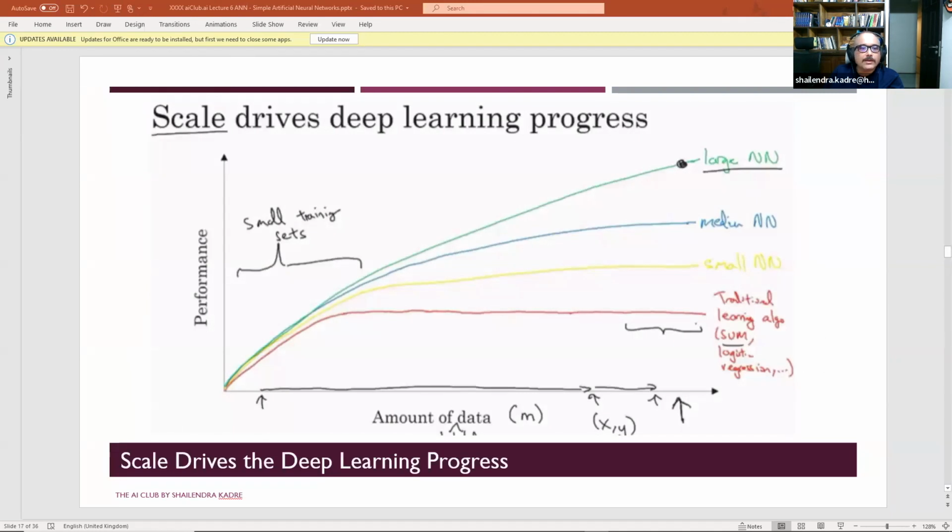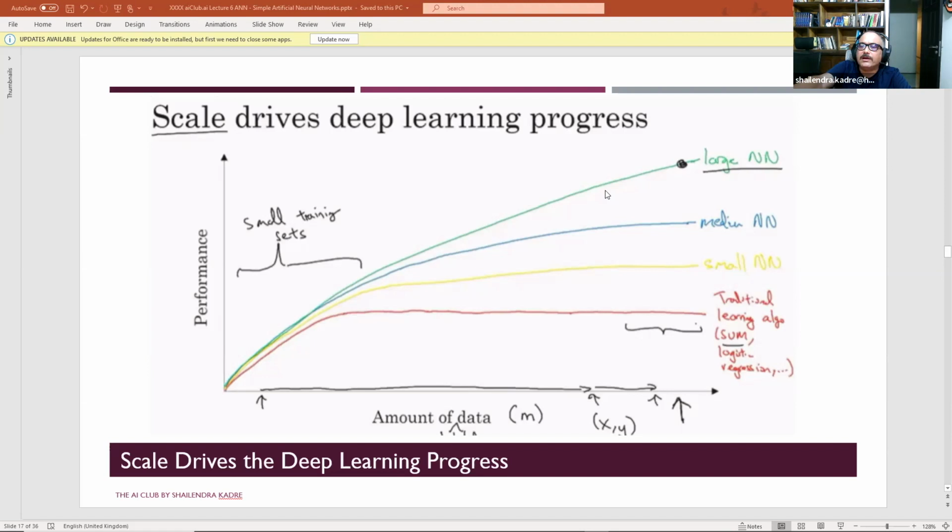This is nothing but performance versus amount of data. A similar graph is what we actually plot, not exactly this one. When this curve becomes parallel to the x-axis, it means our performance no longer changes.